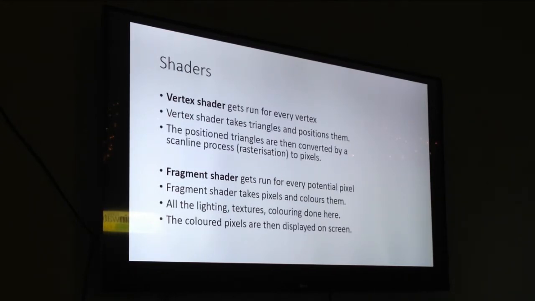The fragment shader takes in stuff like position, texture, lighting, vertex color, all of these, and it outputs RGBA. Right? That will be one fragment shader. Take all these inputs and output RGBA. This RGBA is shown on the screen. It's actually every potential pixel.